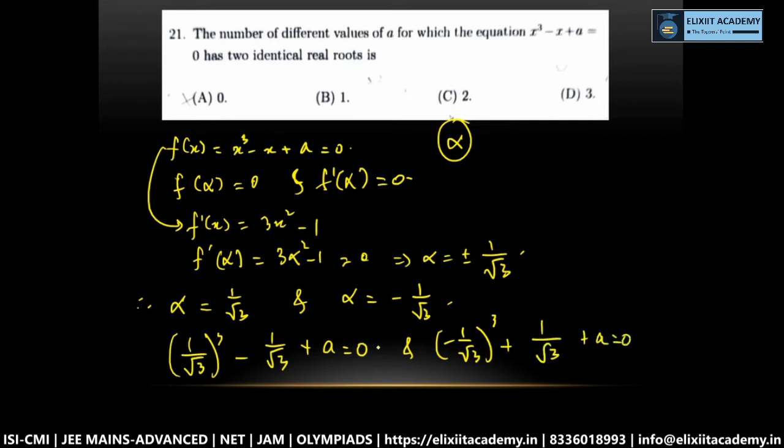That's what you are getting. Now simply solve for a. Obviously you can see that there are two different values of a. What is the answer? 2. Two different values of a.